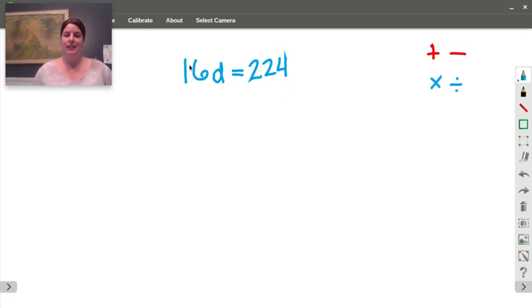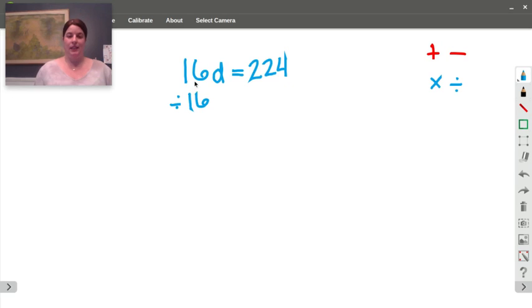Okay, if we have 16 times D equals 224, what is standing in the way of us getting that D variable all by itself? Well, we're multiplying it by 16. So we've got to get rid of this times 16. And the way to do that is to divide by 16. Okay?